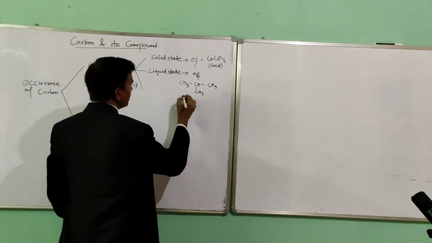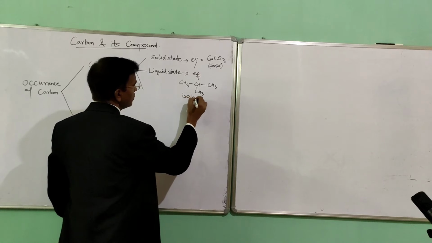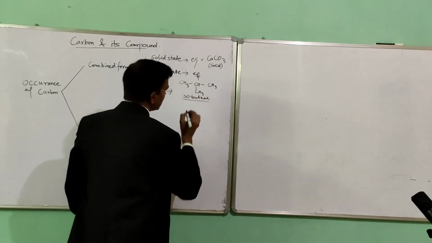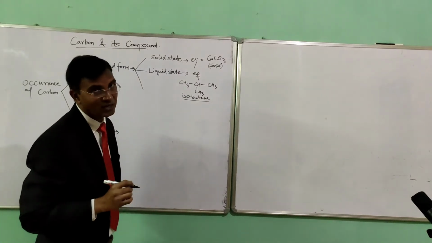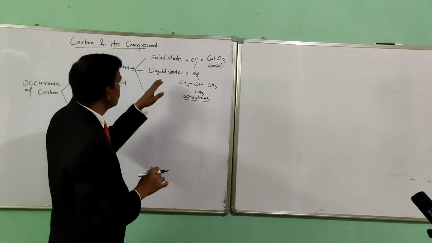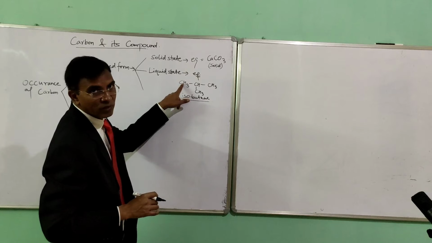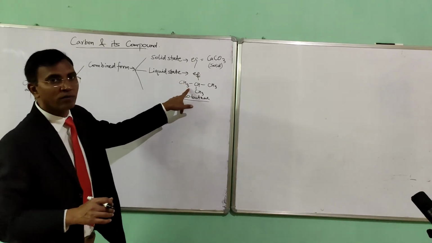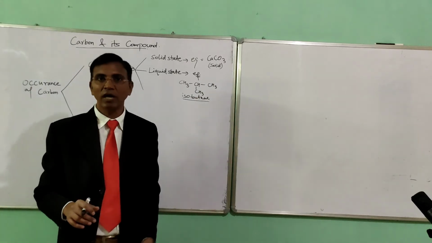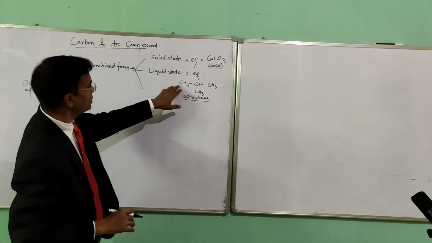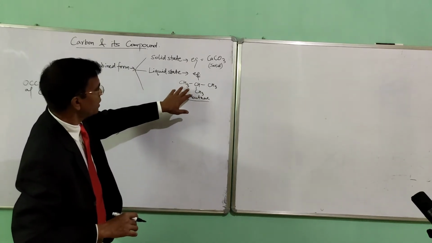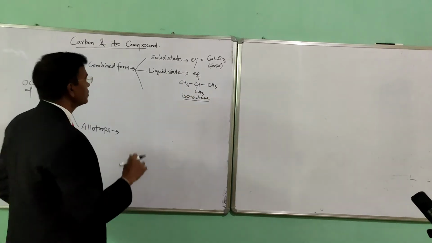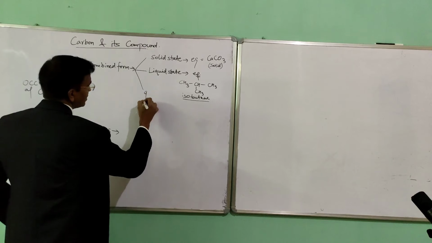So it is isobutane. It is present in the LPG cylinders in liquid form. So carbon is there in combination with hydrogens. So it is a hydrocarbon. Later on I am going to discuss the hydrocarbons. So here is carbon in combination with other elements in the liquid state. Now the next is the gaseous state.